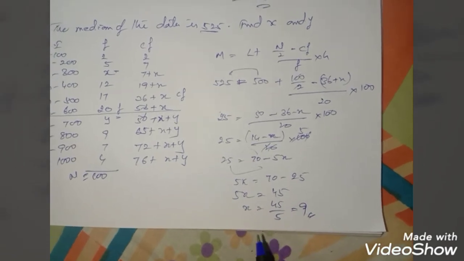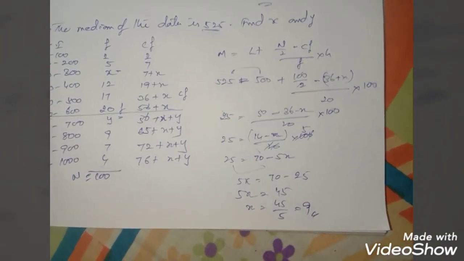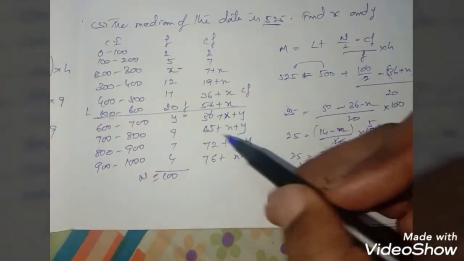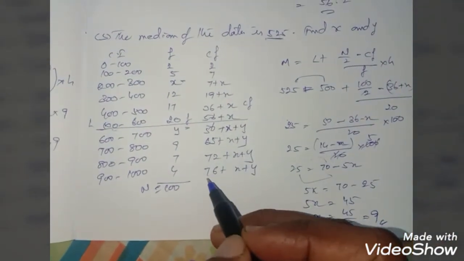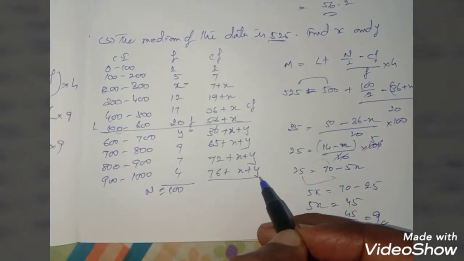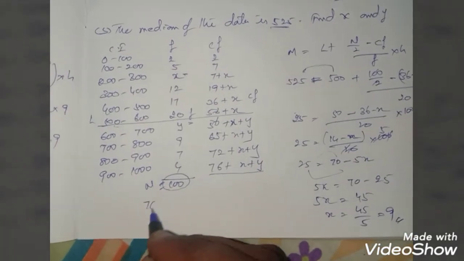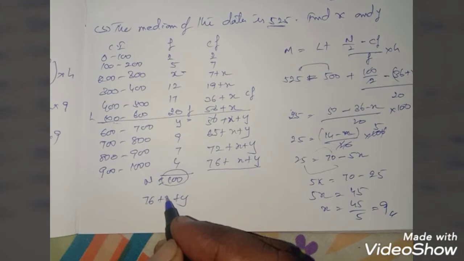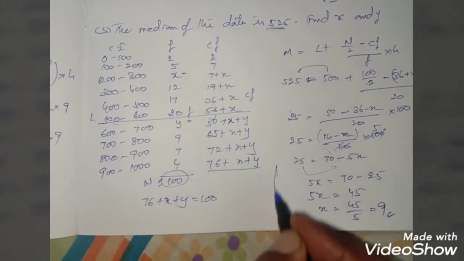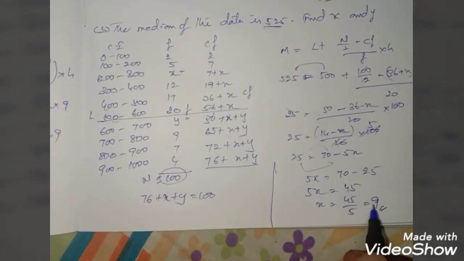So after finding the value of x, you need to find the value of y. Now to find the value of y, the total frequency is given here as 76 plus x plus y, and here frequency is given as 100. So I can write 76 plus x plus y is equal to 100, where x is nothing but 9.